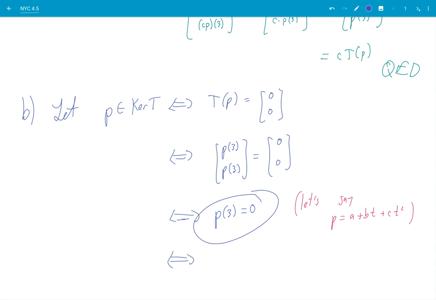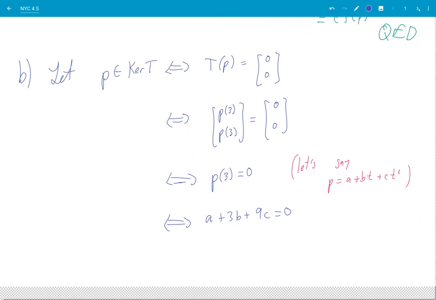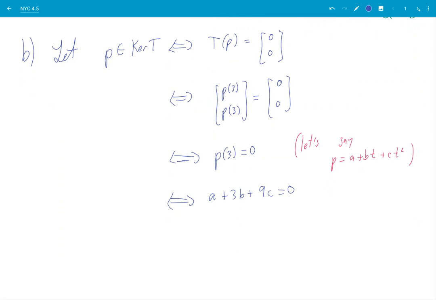So what does this equation mean? It means that A plus 3b plus 9c is 0. Which is to say, now should I structure this?